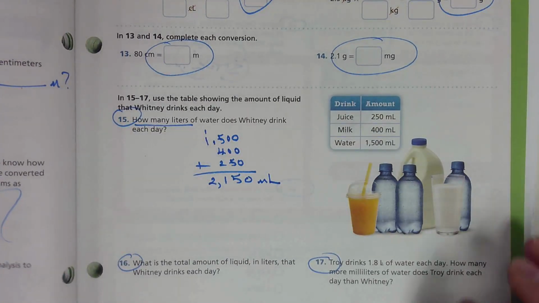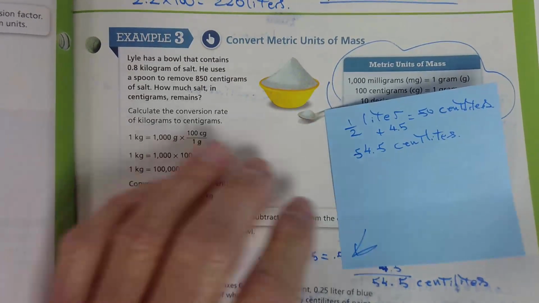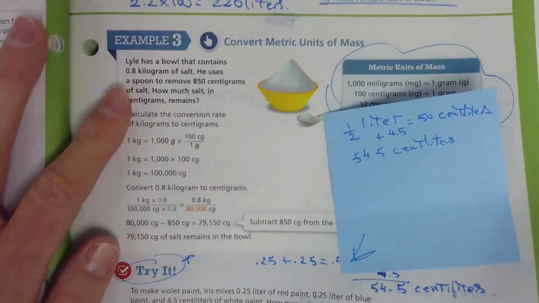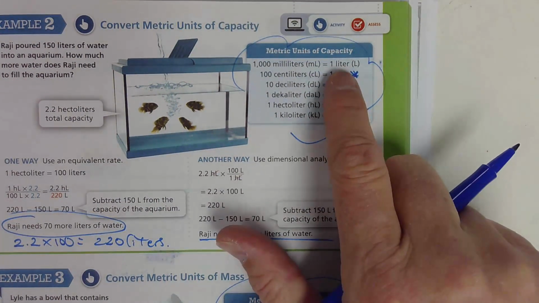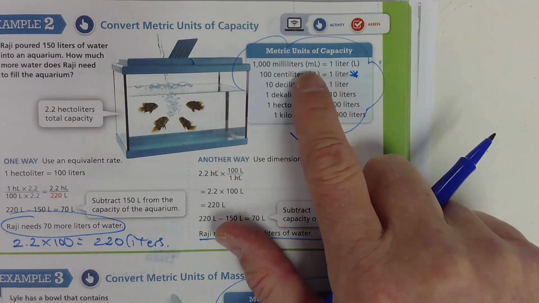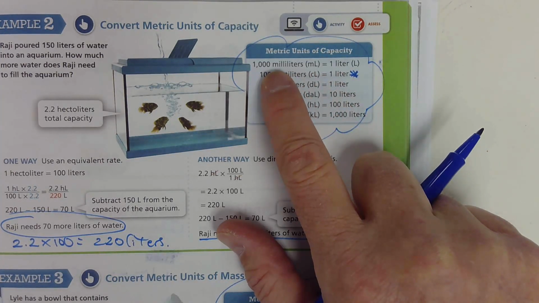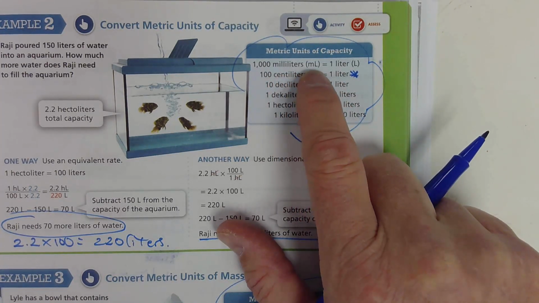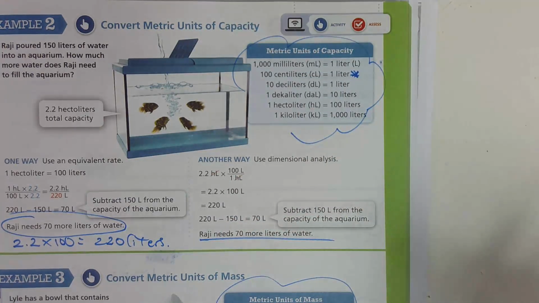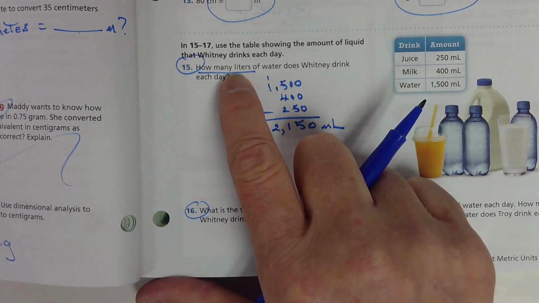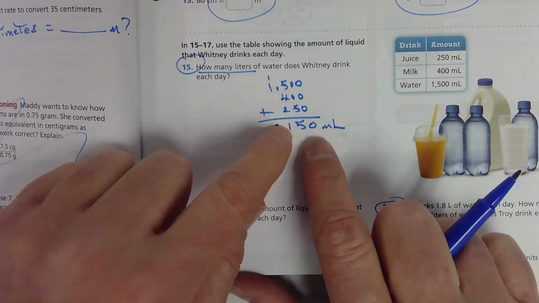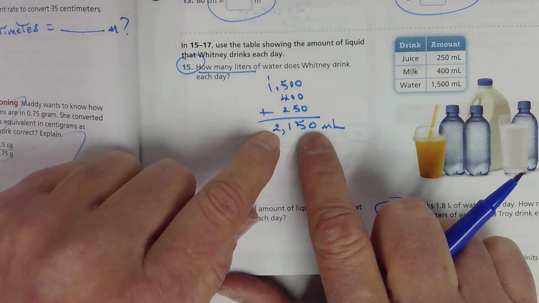How many liters is that? Well, I don't know. 2,150. How many milliliters are in a liter? So in 1 liter, there's 1,000 milliliters. So I'm going back to this question. They want to know how many liters. Well, if it was 1,000 milliliters, that would be 1 liter.